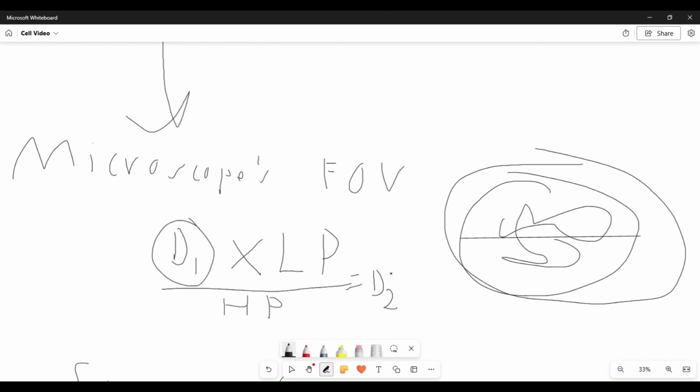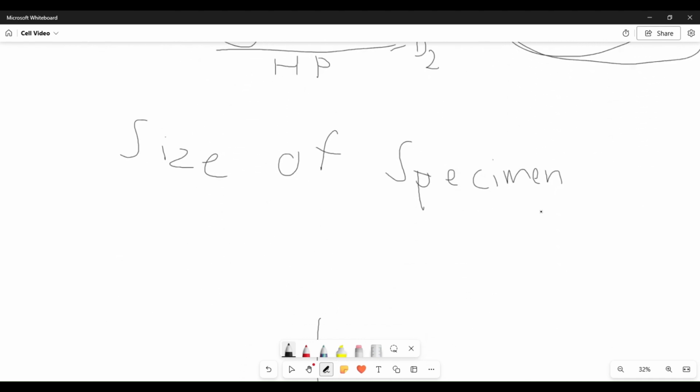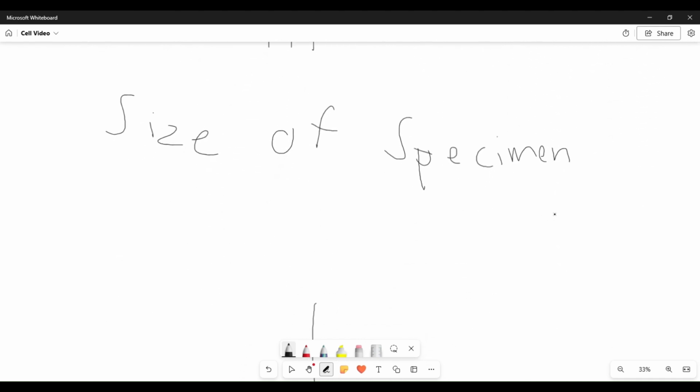Now, how about estimating the size of the specimen? Well, the first thing is to just estimate the fraction of the field of view that the specimen occupies. So if you have a big specimen that takes up roughly half of the field of view, you can just multiply the FOV diameter by that estimated fraction.